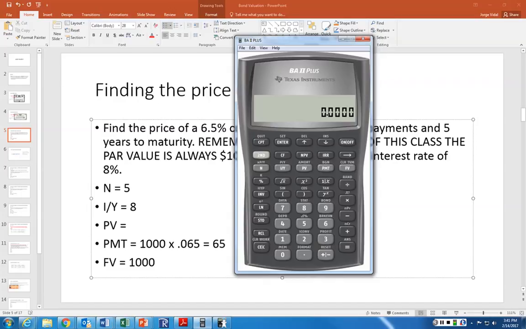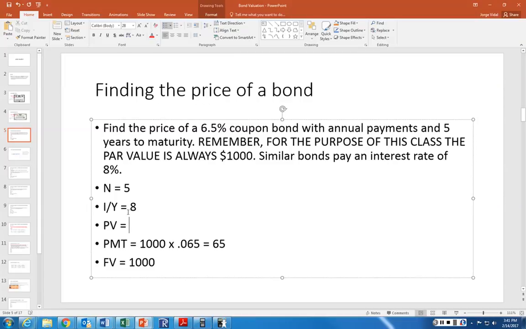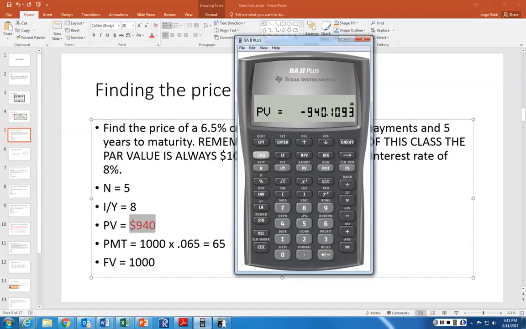So N equals 5, so we enter 5 N, 8 I/Y. You're looking for present value. Payment is 65, and the future value is 1,000. Compute present value. So the bond price will be 940. And the negative, all it means is you're buying the bond from the company.